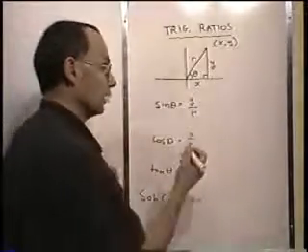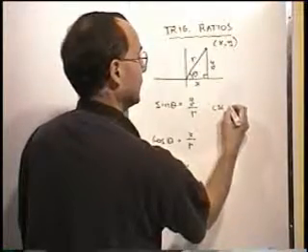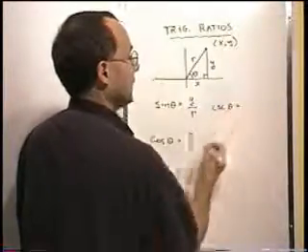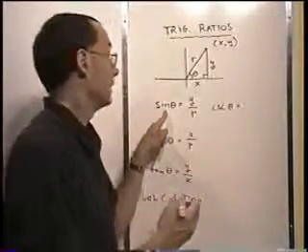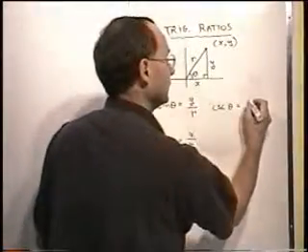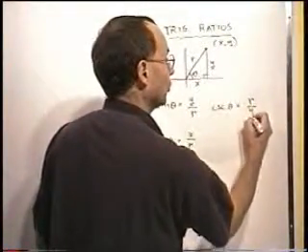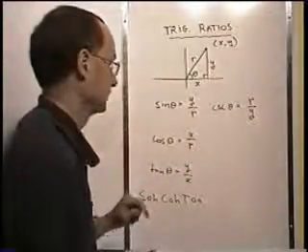We also have one that's called the cosecant of theta. The cosecant of theta is really the reciprocal of sine. Instead of y over r, it's r over y, the hypotenuse over the opposite.